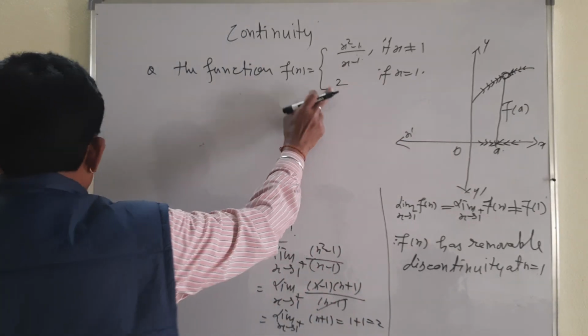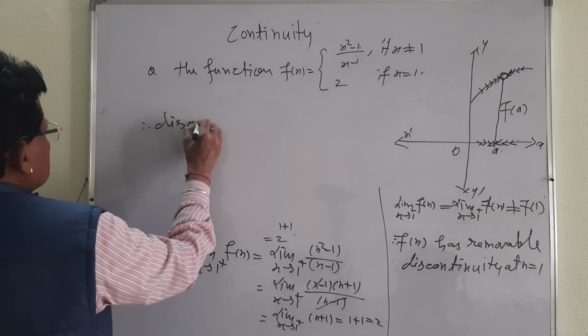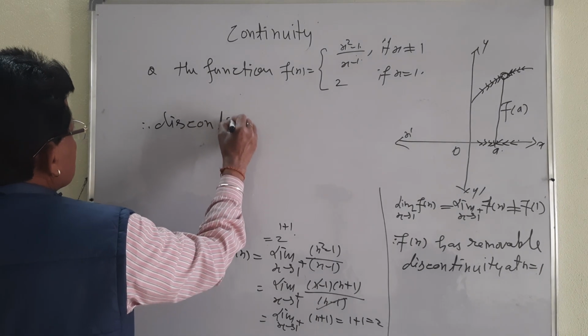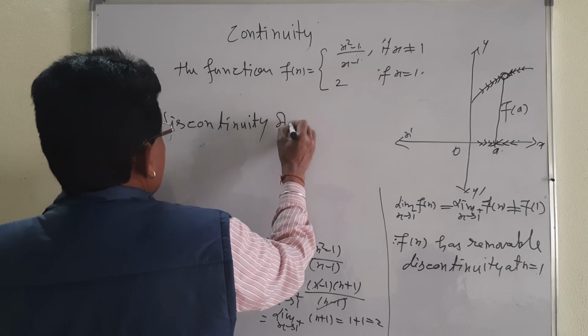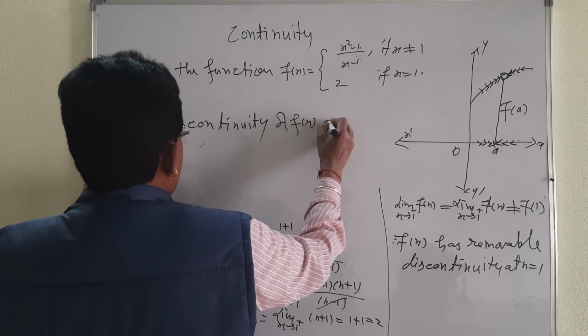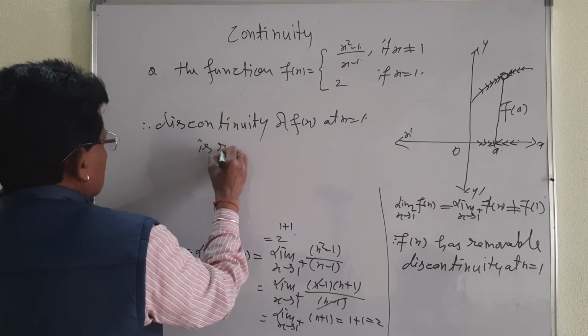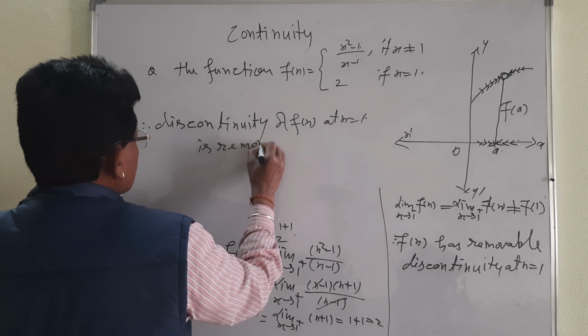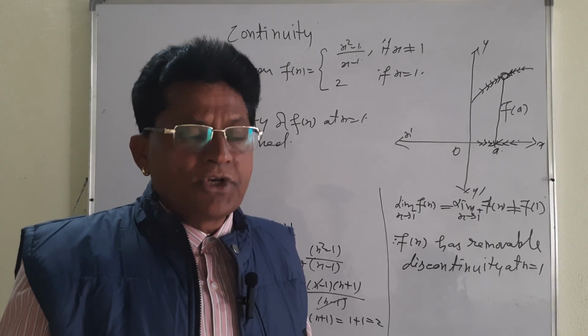Discontinuity of f(x) you can remove it. Therefore discontinuity of f(x) at x is equal to 1 is removed. That is known as the removable discontinuity of the function.